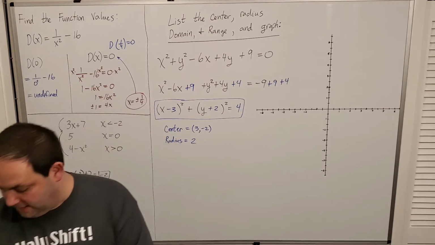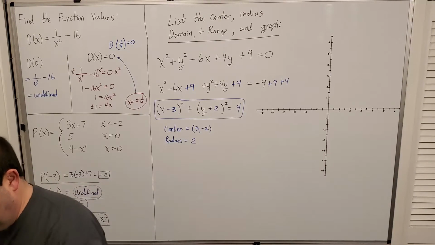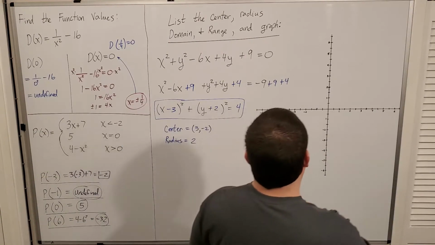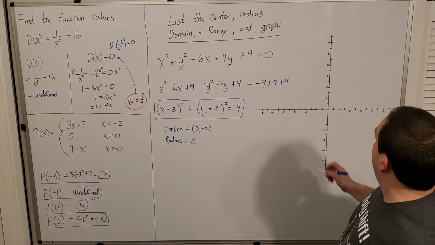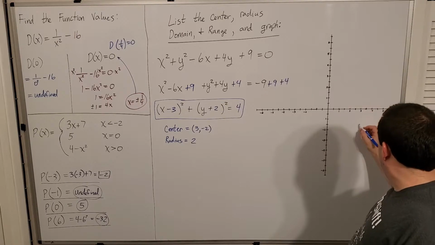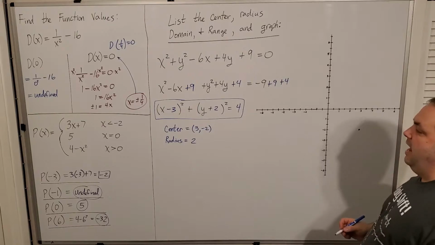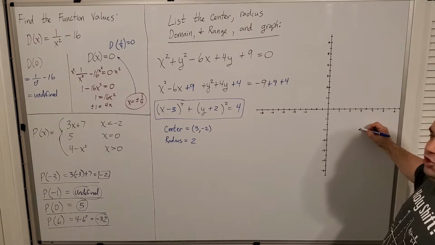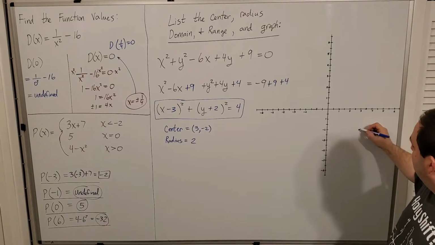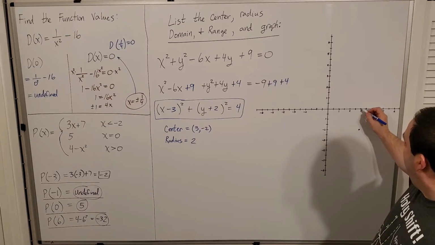Let's get the radius and the center drawn up there. I'm going to try and use a little trick to help me graph this thing appropriately. So my center should be at the point 3, -2, which is right here. And then, since the radius is 2, I'm going to count 2 in each of the cardinal directions. So I'll count 2 up, which would put me right on the axis.